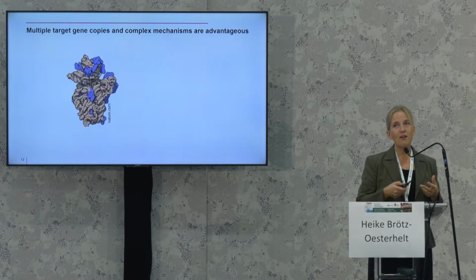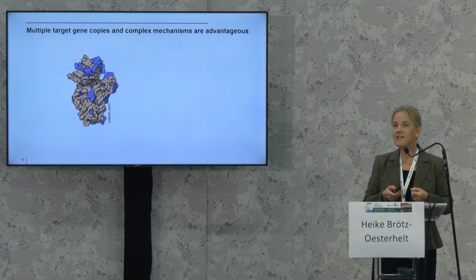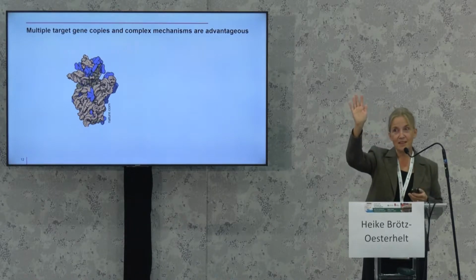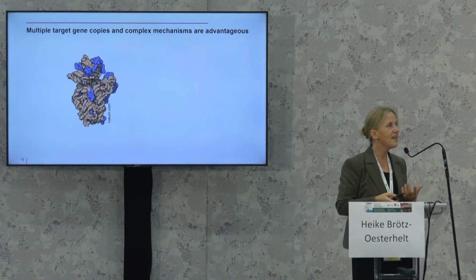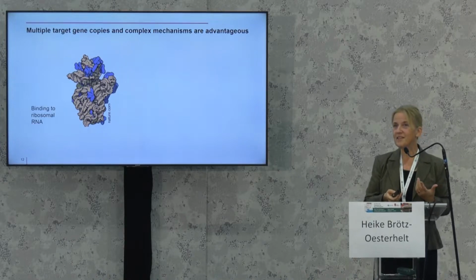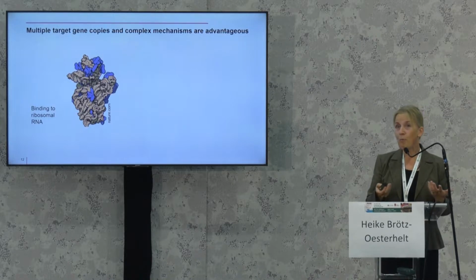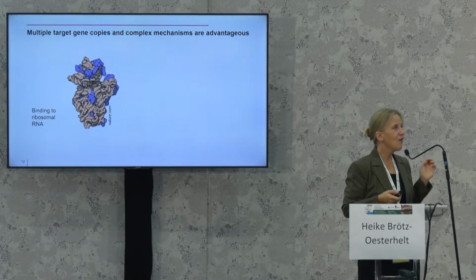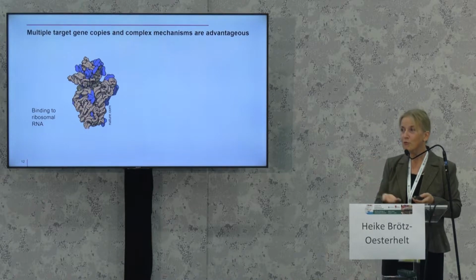Also, another machine or complex system is the ribosome, and that is like a hotspot for antibiotic action. If you remember the big long list to the right on my previous slide. So why has nature selected the ribosome as such a good target? One thing is that almost all compounds bind to ribosomal RNA. So why is that an advantage as opposed to binding to a ribosomal protein?